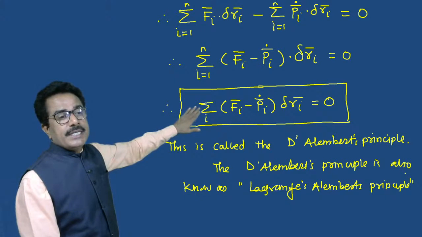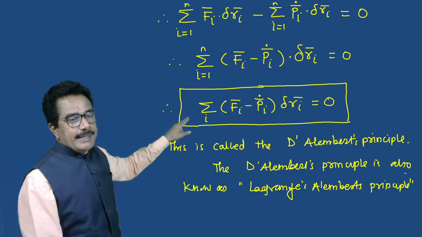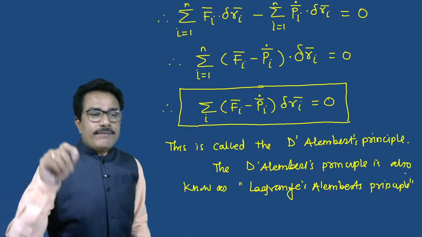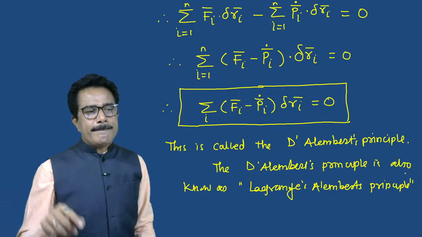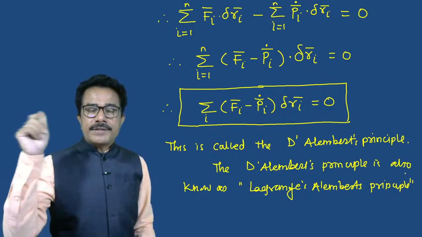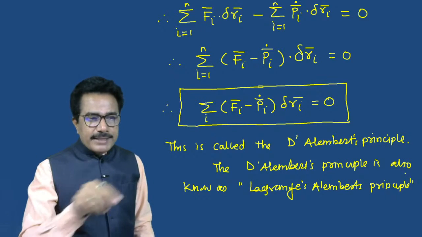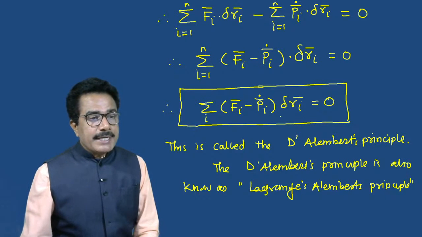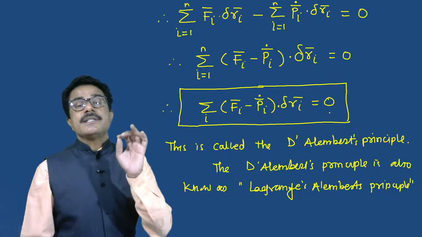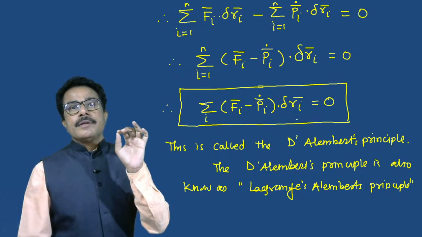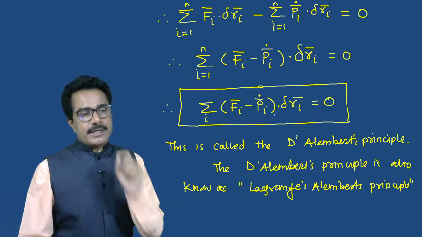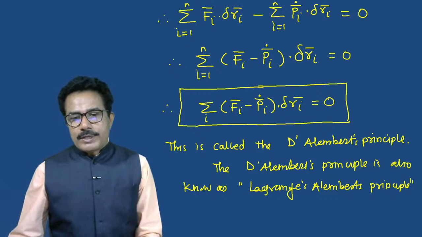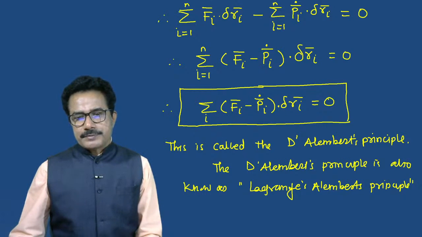This is a very important relation. Summation over i of Fi bar, the force, minus the rate of change of linear momentum of the ith particle, into the displacement of that particle, gives a result of 0. Remember, this is called D'Alembert's principle. How do we define D'Alembert's principle?